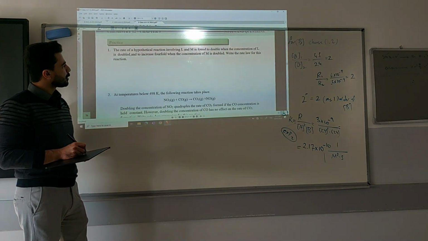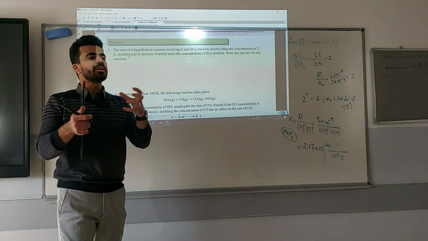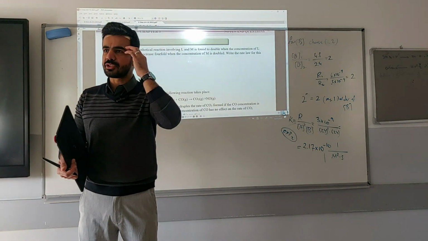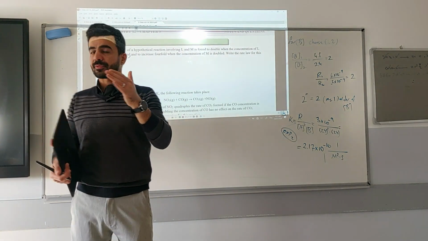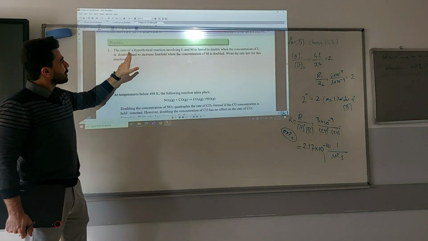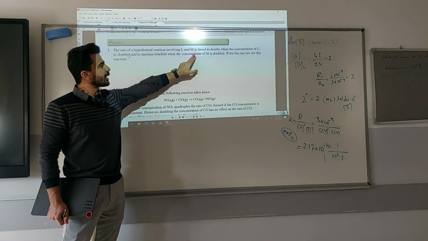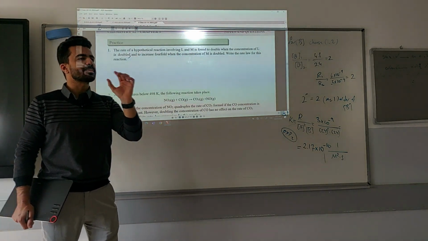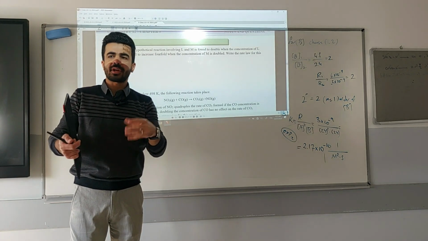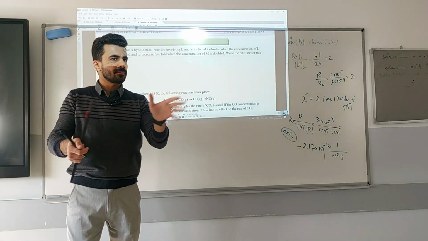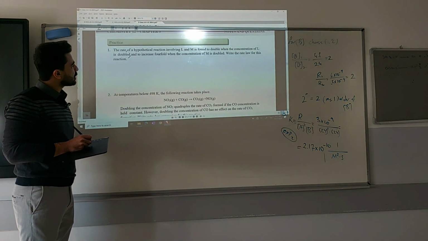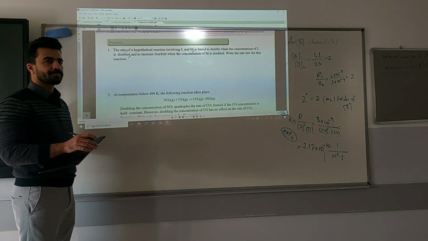Okay? What is given in here? It has given you information, but I have to understand the information. When it says hypothetical reaction involving L and M, it's actually just an explanation that you have a reaction, the reactants are L and M, that's it. So you can put 2 commas in here.